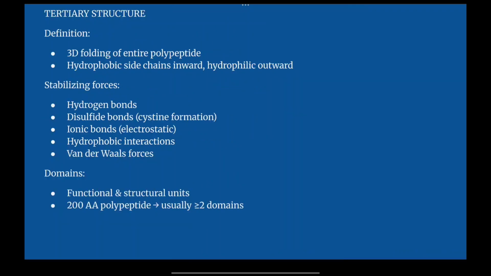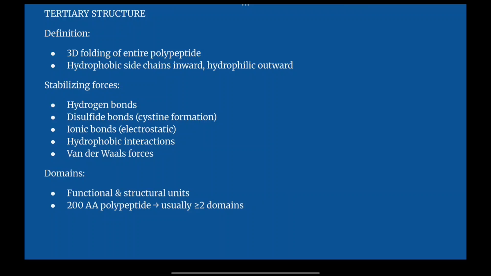Now, tertiary structure is the fully 3D folding of an entire single polypeptide. There are hydrophobic side chains inwards and hydrophilic chains outward. The stabilizing forces here involve hydrogen bonds, disulfide bonds, ionic bonds, hydrophobic interactions, and van der Waals forces. In primary structure, we didn't see any such stabilizing force because it was a single straight line of amino acids.